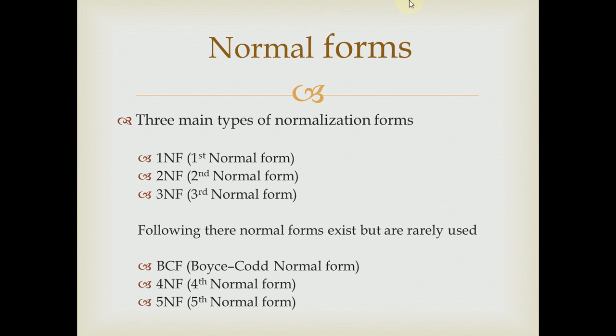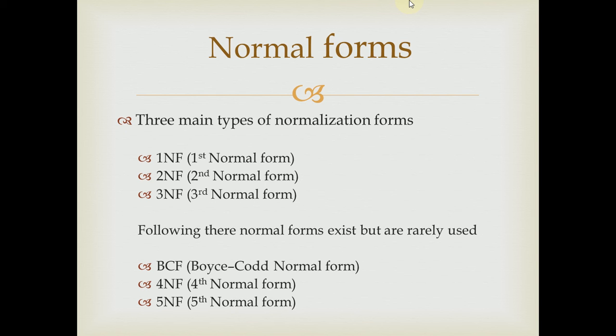Normalization has its types, its forms. It depends how deep you want to go. It's up to you. The industry standard is going down to the third level, which is third normal form. You have the first normal form, you have the second normal form, and then you have the third normal form.